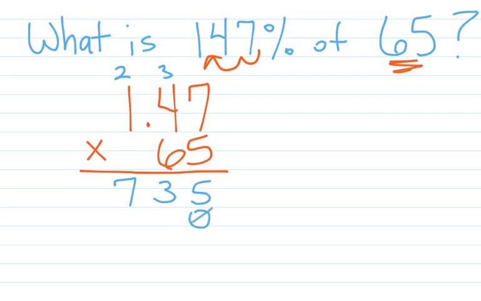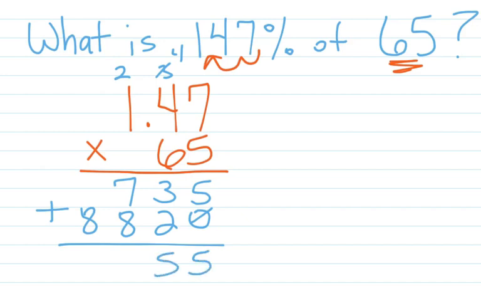Okay, the next level here, make sure you put your little filler 0. 6 times 7 is 42, so that becomes a 4. 6 times 4 is 24, plus 4 is 28, still have a 2. 6 times 1 plus 2 is 8 again. So we're all done multiplying. We just need to add these up. I got 5, 5, 15, 9.